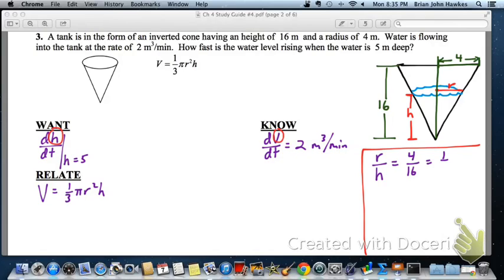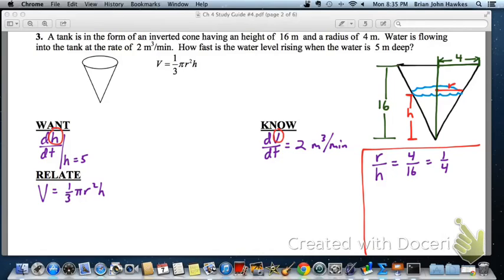So 1/4 is the ratio of the radius of the cone to the height of the cone. Well, it still applies when the water level is rising. The radius of the water is equal to 1/4 of the height of the water.